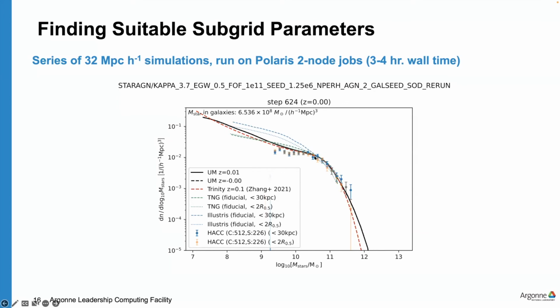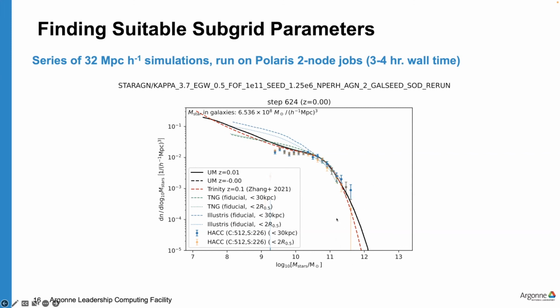But as you can see on this tail end, near this 10 to the 12 mass, we don't have very many objects.